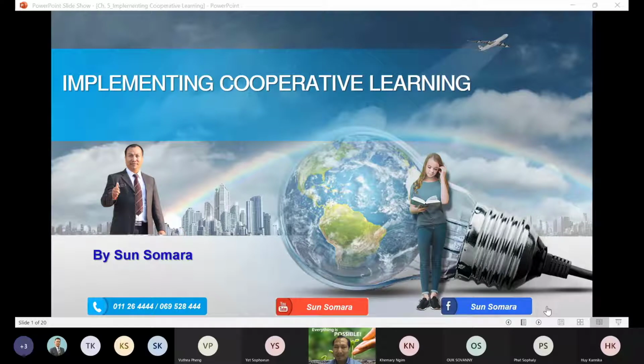Teacher, cooperative learning, you refer to the teaching strategy with the students in different levels of ability. Yeah, it might be something there. Okay, thank you, teacher. Have you ever applied it?